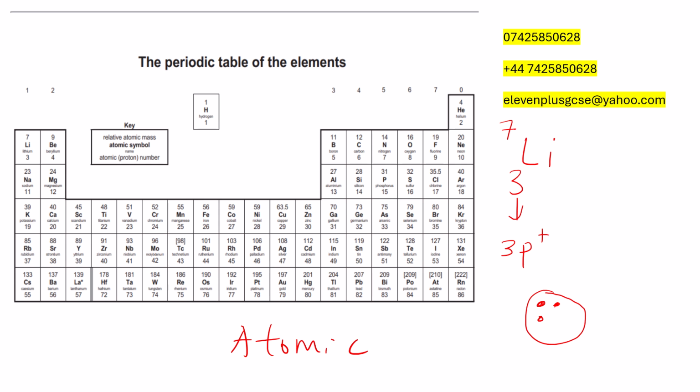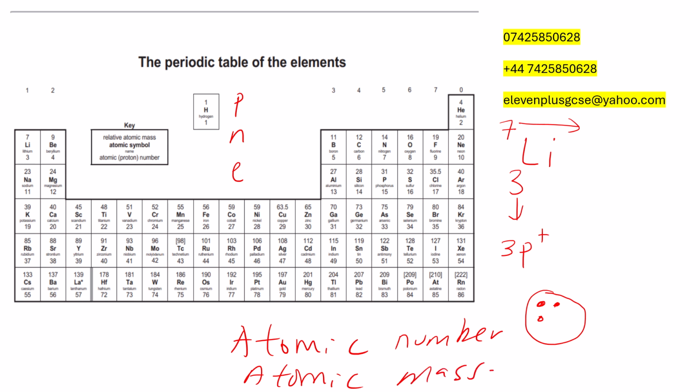All right. Before I look into electrons, what about neutrons? We normally have protons, we have neutrons, and we have electrons. All right, so we've got 3 protons. Now the top number, which is number 7, this one is the atomic mass. We have the atomic number and we have the atomic mass. Now the atomic mass is made out of protons and neutrons added together in the nucleus.